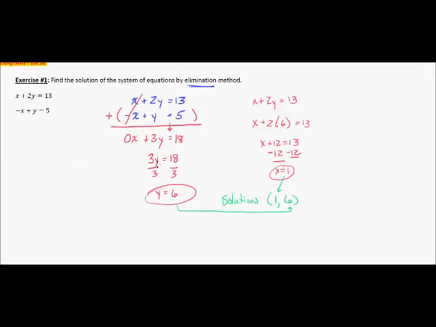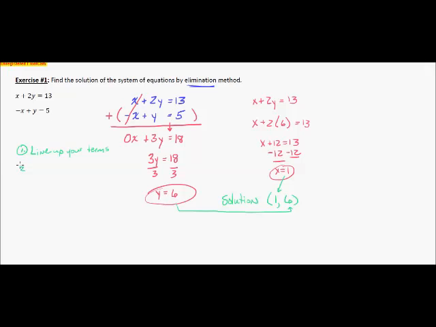So with the elimination method, the key is, I'm going to make a little list here. Number 1, line up your terms. Meaning line up your x's, line up your y's, line up your equal sign, line up your numbers over here.